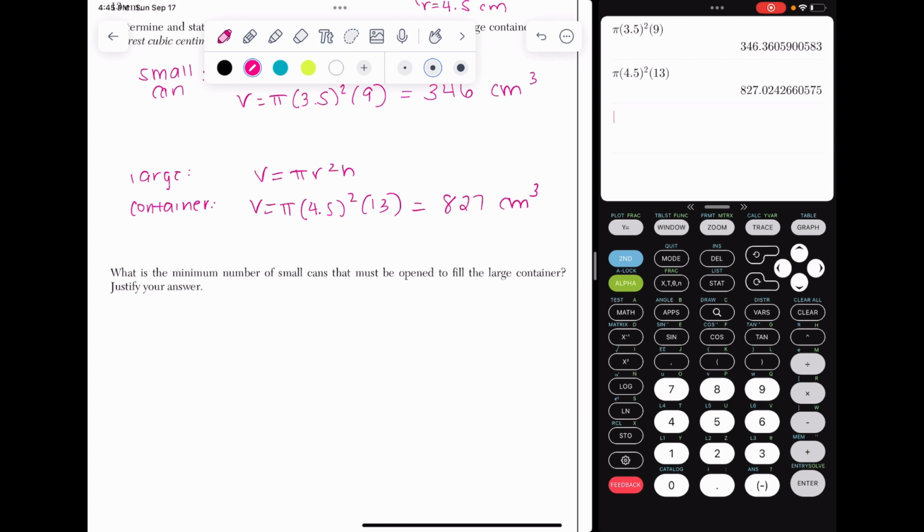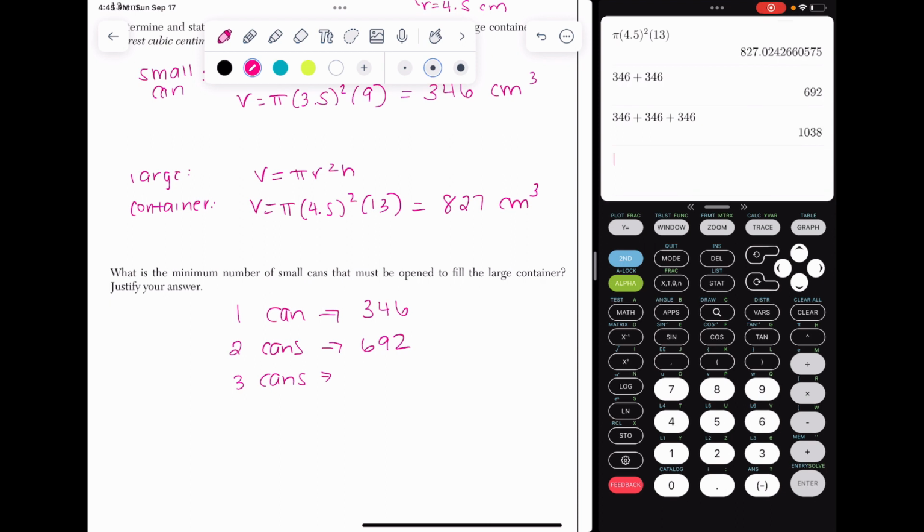So let's think about this for a second. If the volume of one can is 346, one can, I'll write it out this way, is 346 cubic centimeters. If it's two cans, that's 346 and another 346, that's 692. That's still not filling the large container. So let's do 346 plus 346 plus 346.